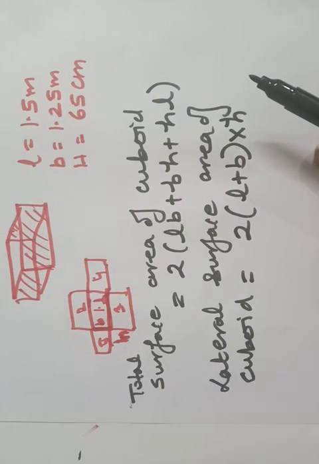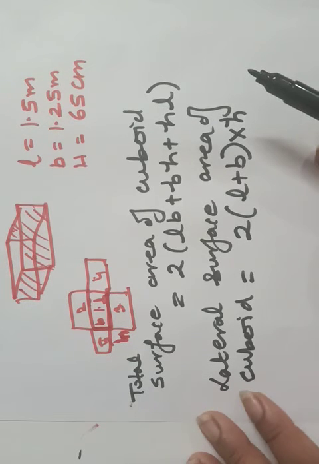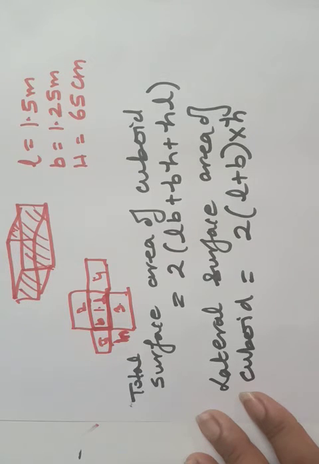For example, if we want to find the surface area of the four walls of your room, we are not using the floor and the roof. It means we are talking about the lateral surface area. So this is the formula for the lateral surface area.